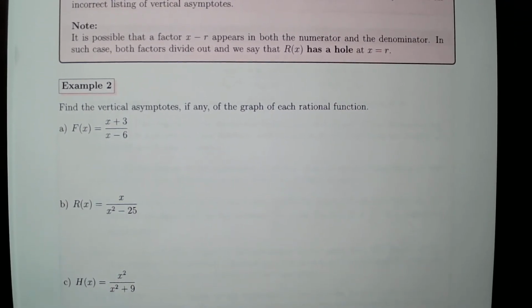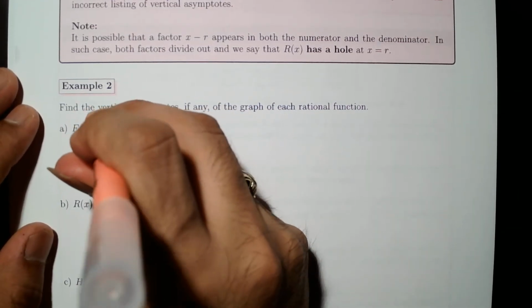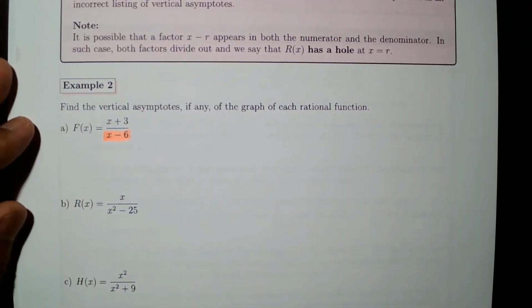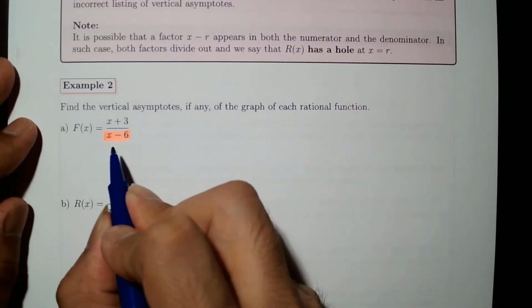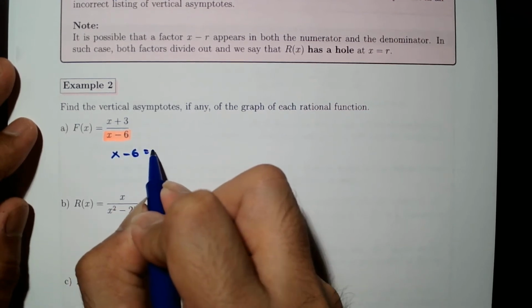Find the vertical asymptotes, if any, of the graph of each rational function. Finding vertical asymptotes is very similar to finding the domain. In this case, the denominator factor is x minus 6; set it equal to 0.